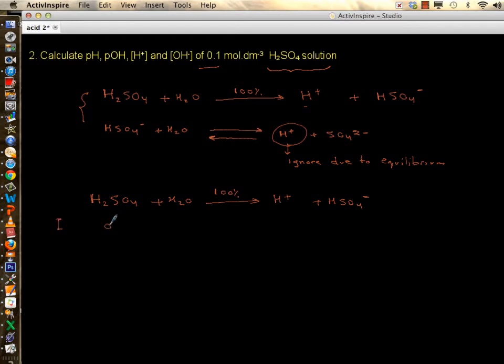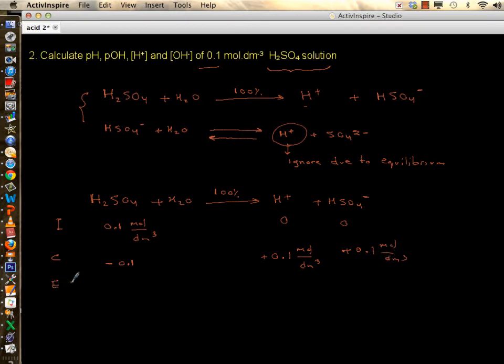So initially you have 0.1 mole per decimeter cube. None of hydrogen sulfate. There is a change. Minus 0.1 mole goes, 0.1 mole per decimeter cube comes to life. Same thing with hydrogen sulfate.